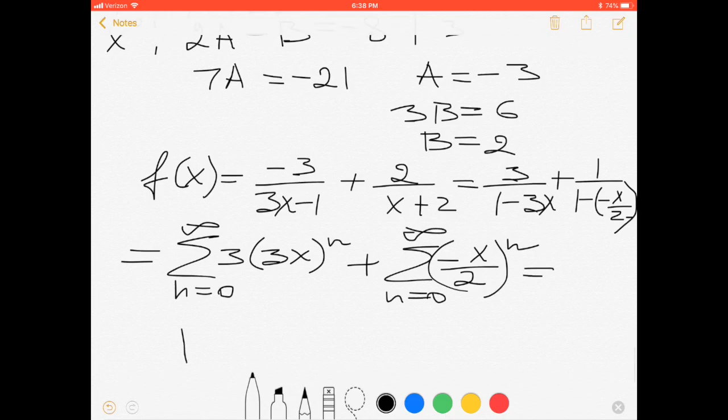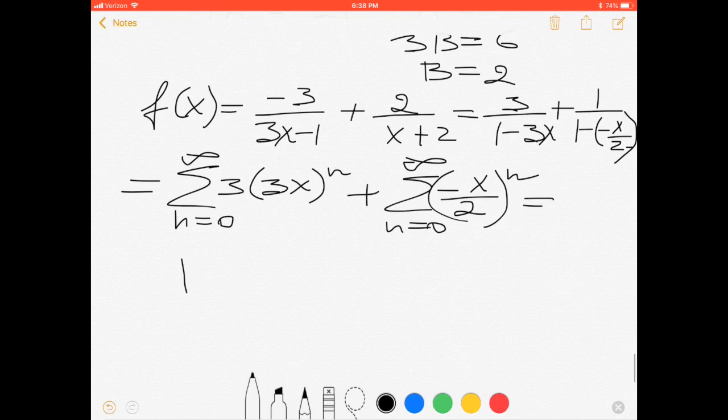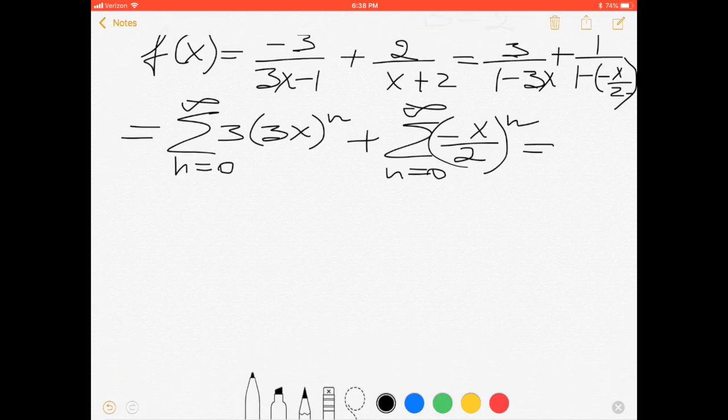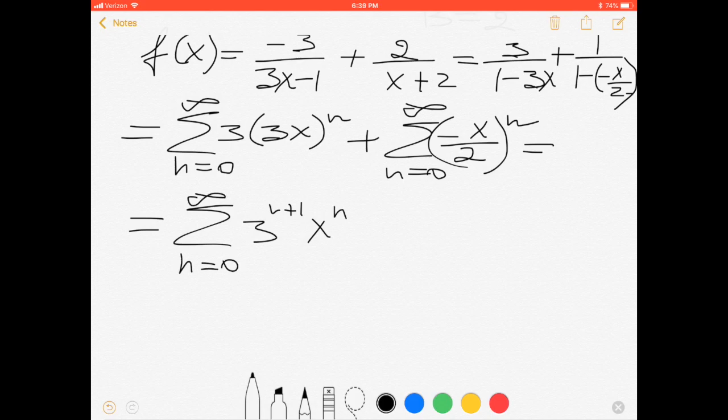Okay, continue. The first series will be the sum of 3 to the power n plus 1 times x to the power n, from 0 to infinity.